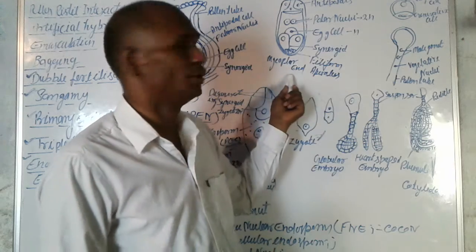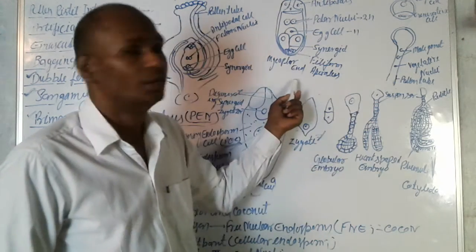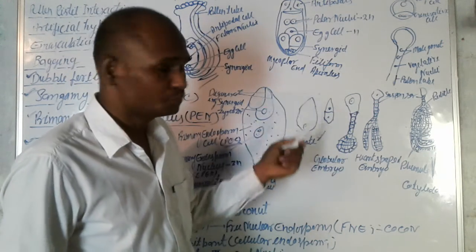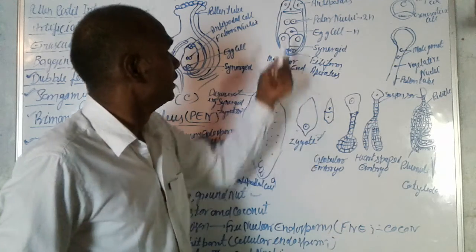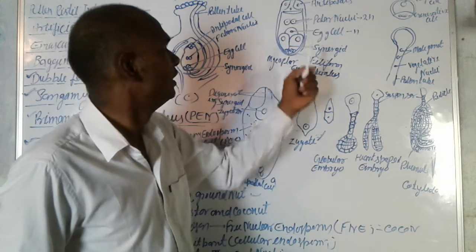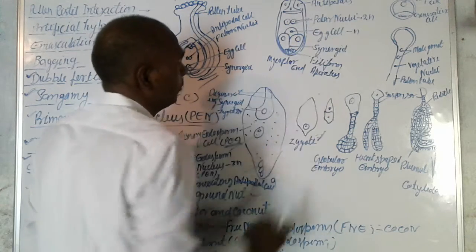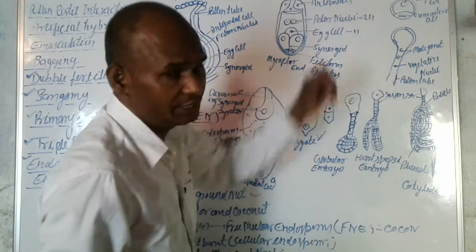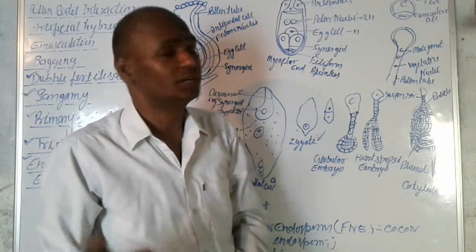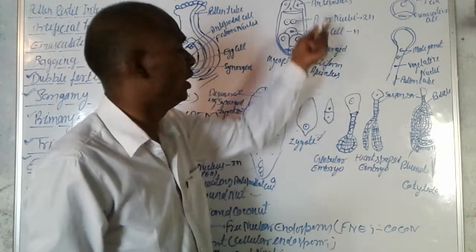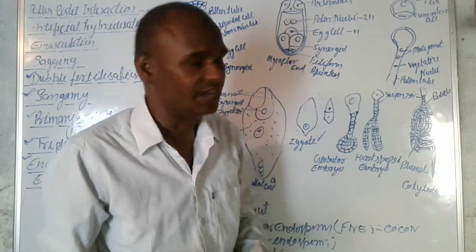This is the embryonic sac. We know about the embryonic sac. This is the chalaza end, and this is the antipodal. We discussed the embryonic sac in the previous video.